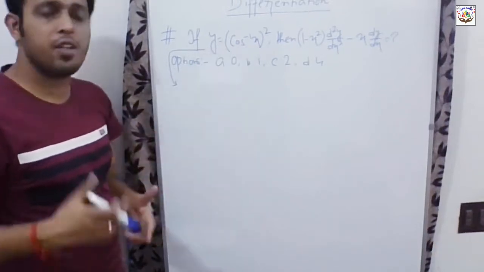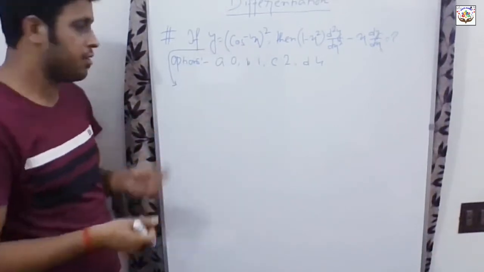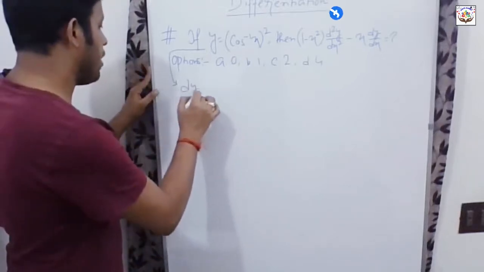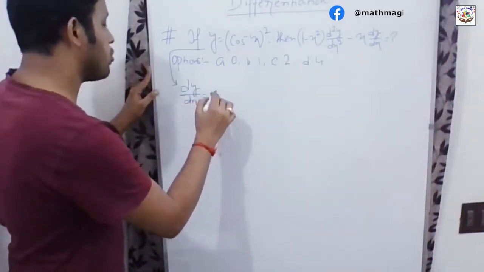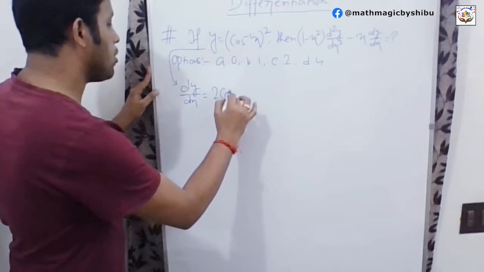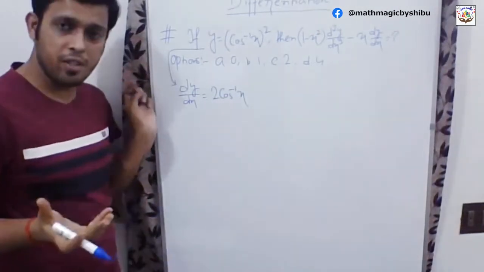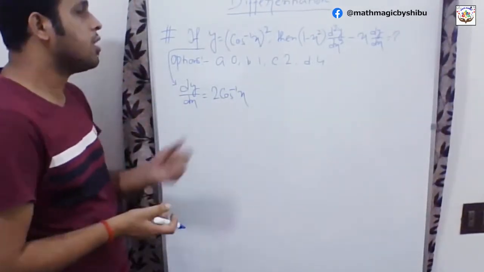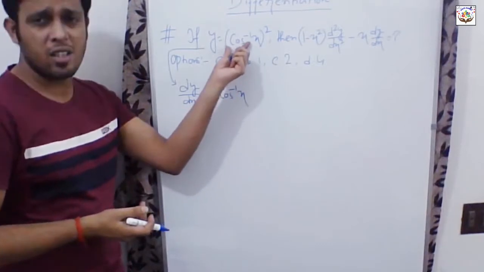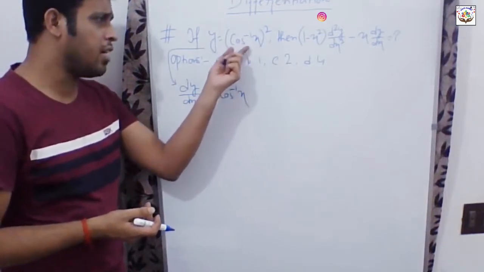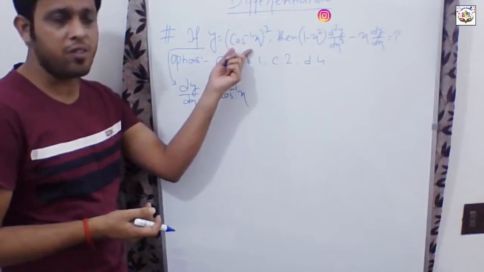So we need to first differentiate with respect to x on both sides. Like dy dx equals 2 cos inverse x. I am also repeating once. Suppose it is any algebraic function. Right now this is a trigonometrical function, an inverse function.